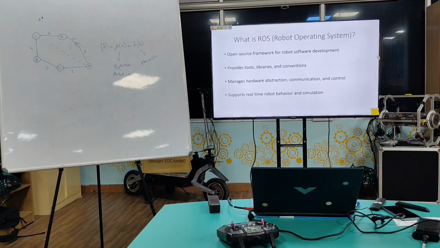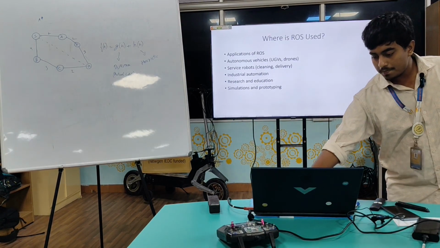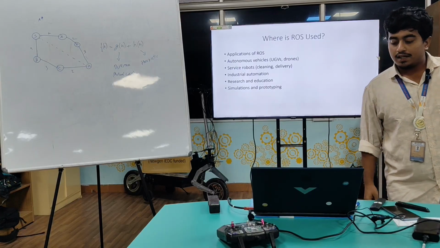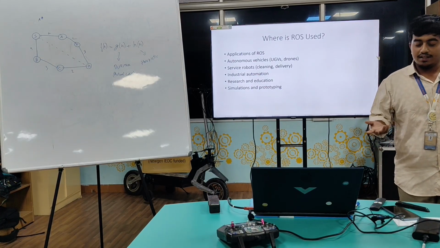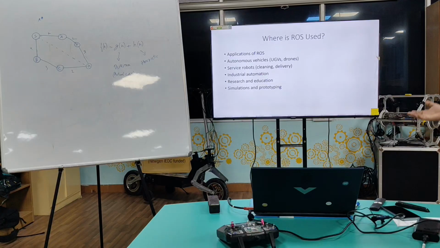And as I told, they provide more tools and libraries for better communication between the modules. As I said, its name speaks for it. Robot Operating System is used in most robotics work.